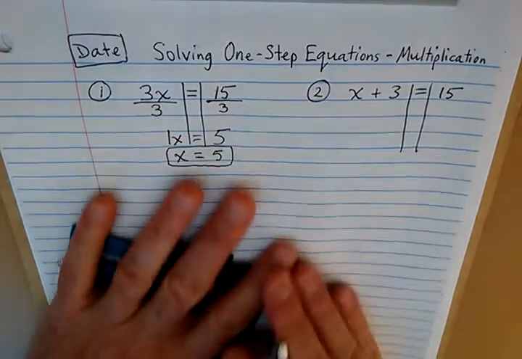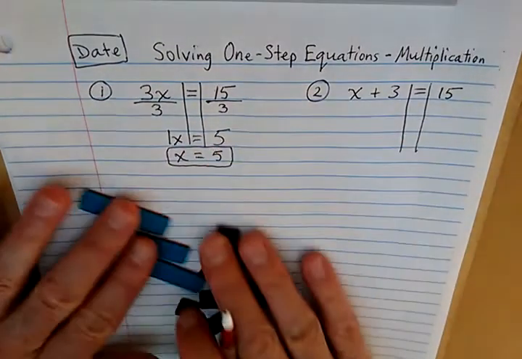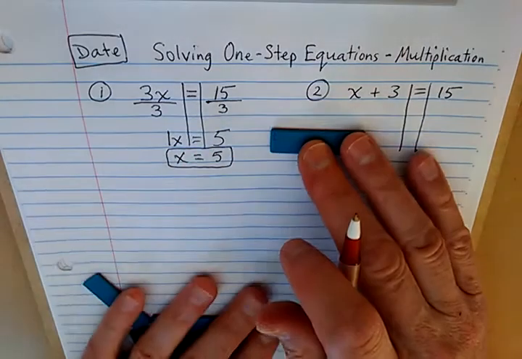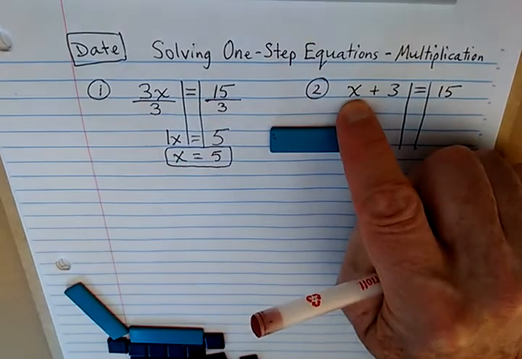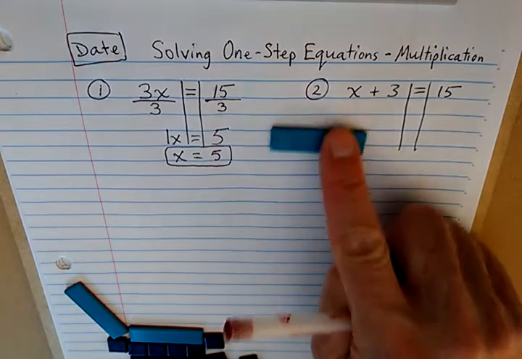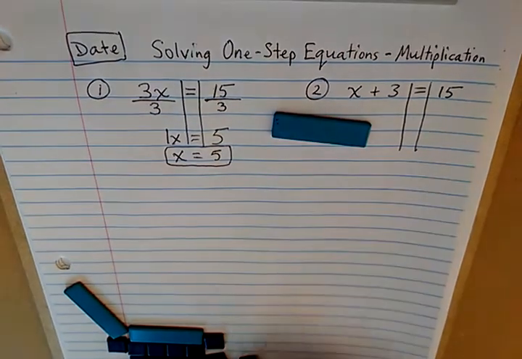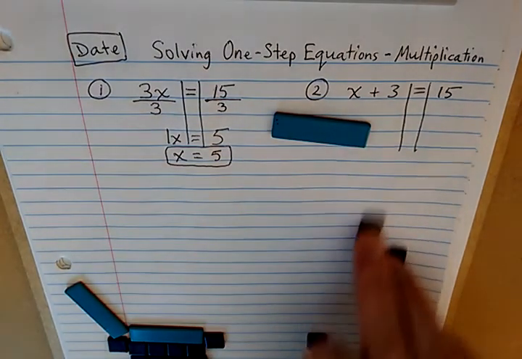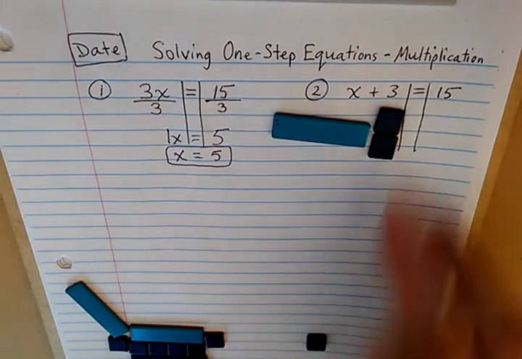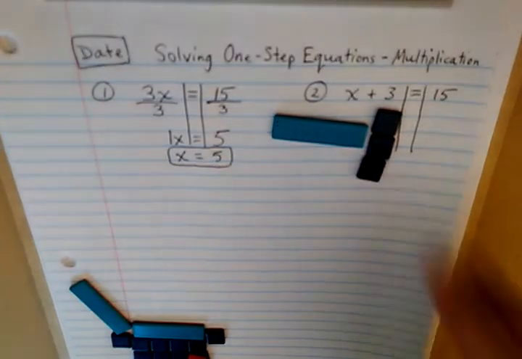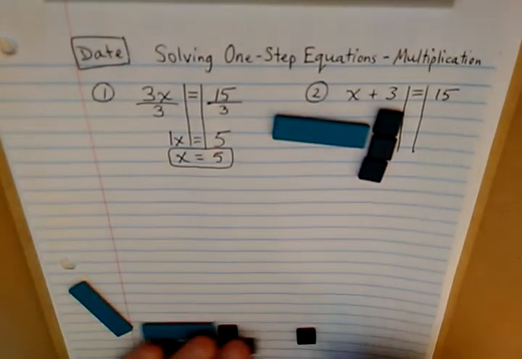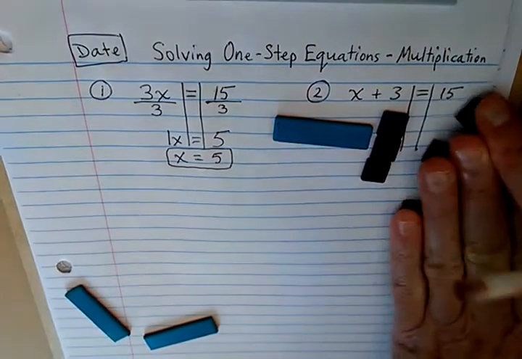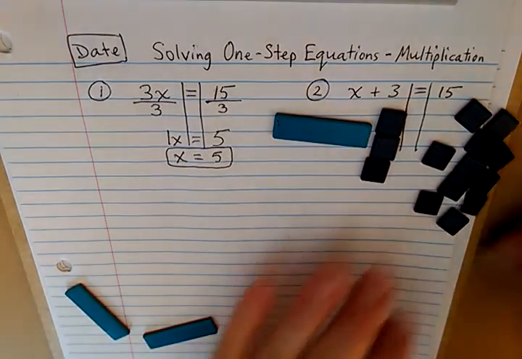Okay, this is different over here because this is 1x already. Right here where it says x, there's no number in front of it, so it's already just 1x, which is great because that's what we're going to try to figure out, how much is 1x. And then there's positive 3 over here, and then 15 on this side, 15 ones.